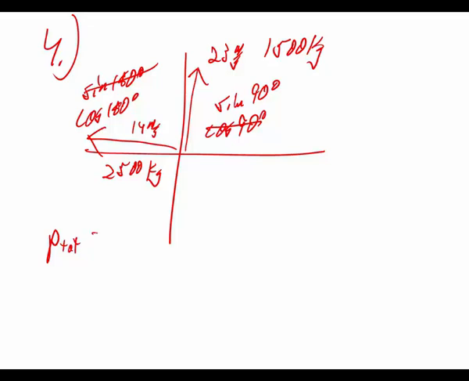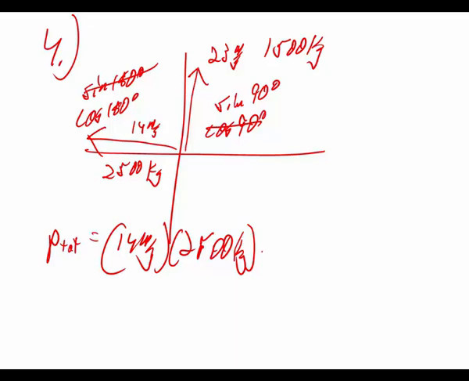P total is equal to, what was that? 14 meters per second times what? 2,500 kilograms. And that would be in the x would be what? Cosine of 180 plus, do I have to do the other one? Because it's going to be 0.